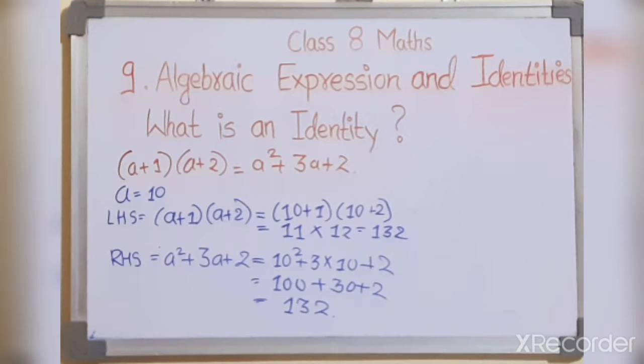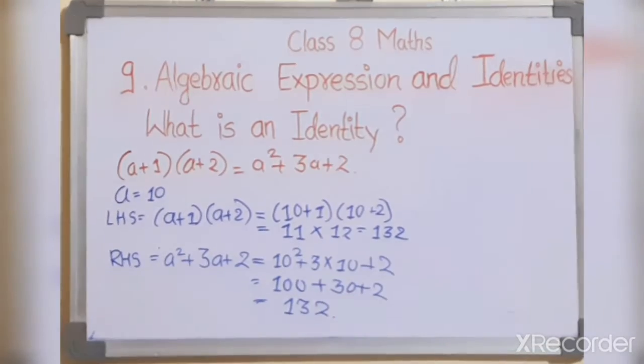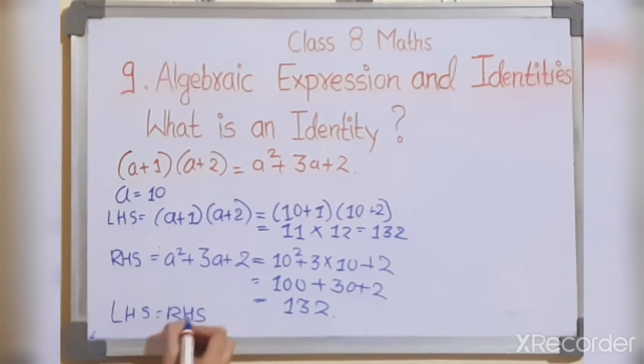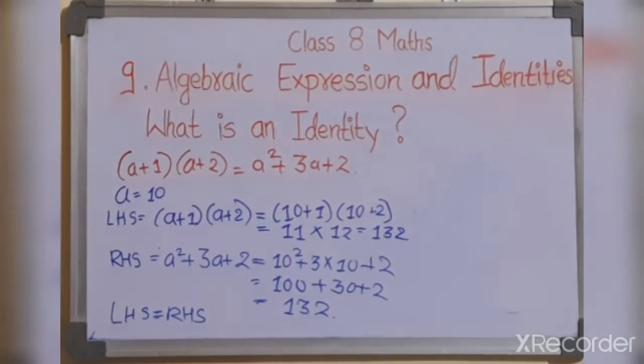So here we see that the LHS is equal to RHS. We shall find that for any value of a, the left hand side is equal to the right hand side. So such an equality, true for every value of the variable in it, is called an identity.